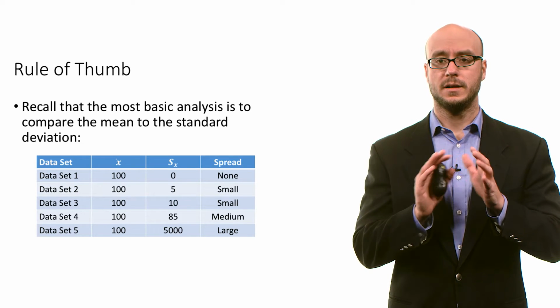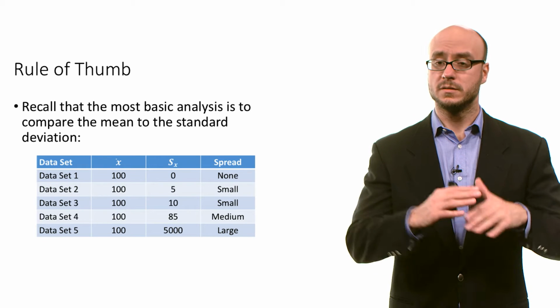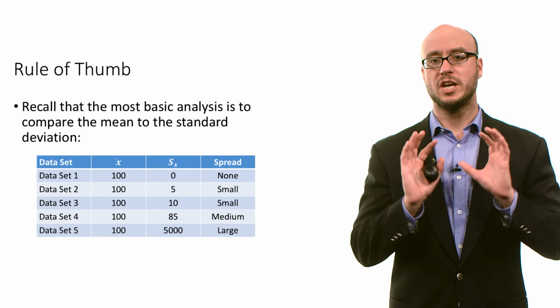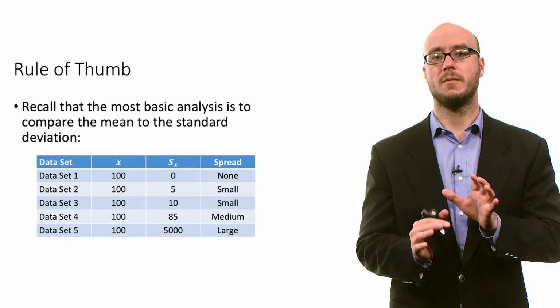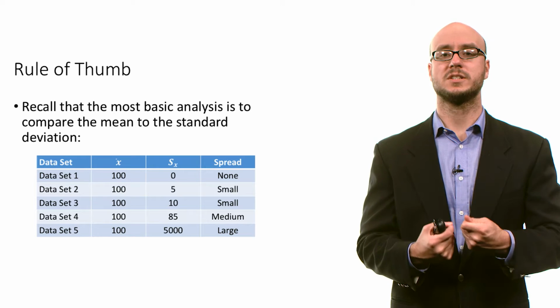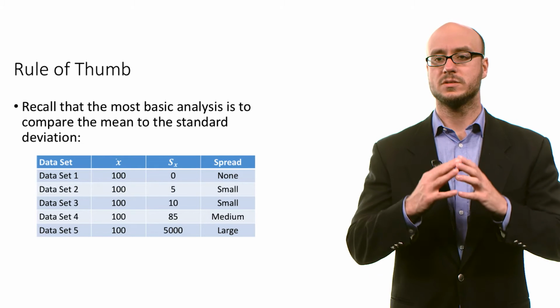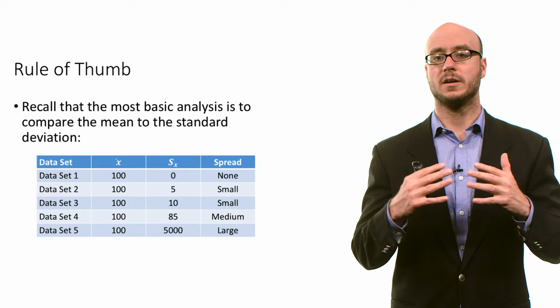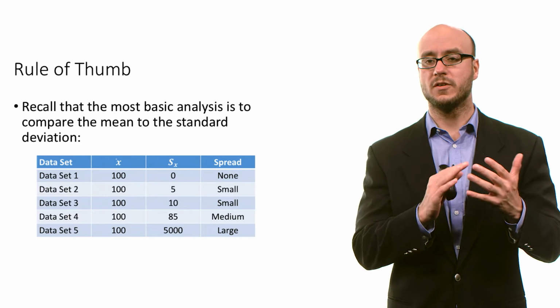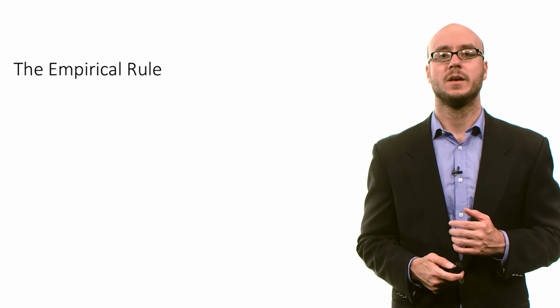Yet, a standard deviation of 5,000 with respect to a mean of 100 suggests a large amount of spread. So we can use this rule of thumb of comparing the standard deviation with the mean to intuitively understand what standard deviation is telling us. Standard deviation gives us an idea of how spread out the data are, but with different means, what it means to be spread out differs.